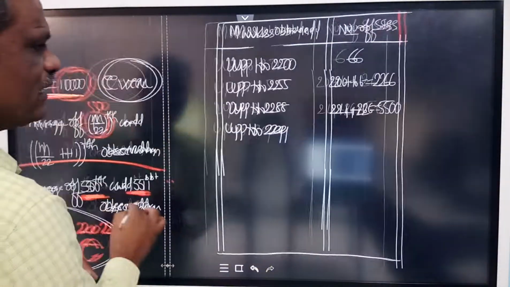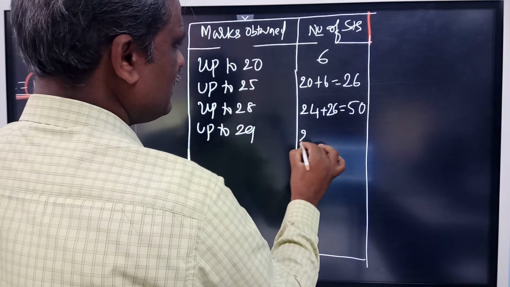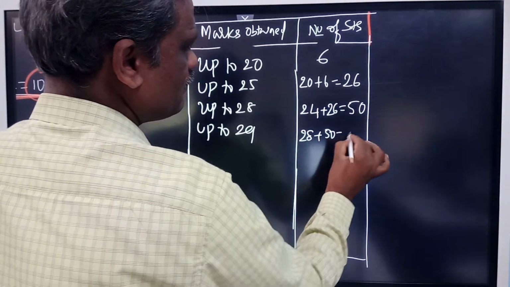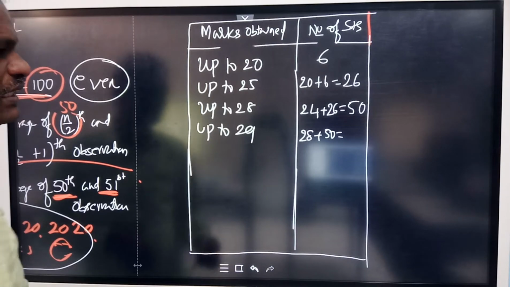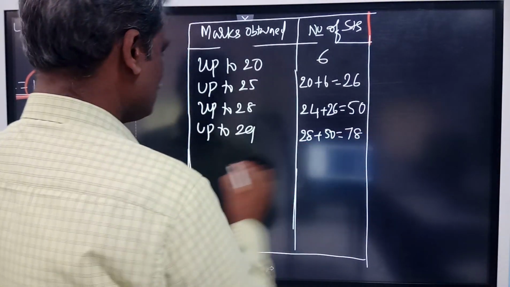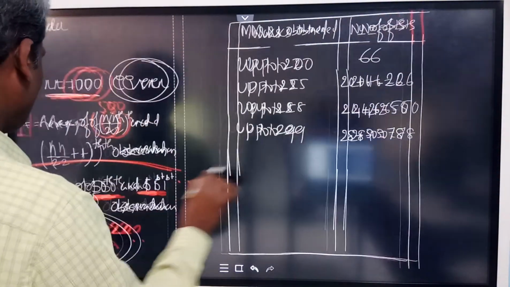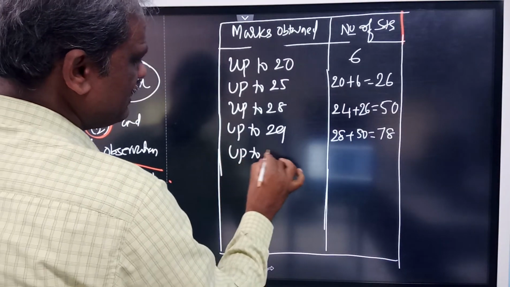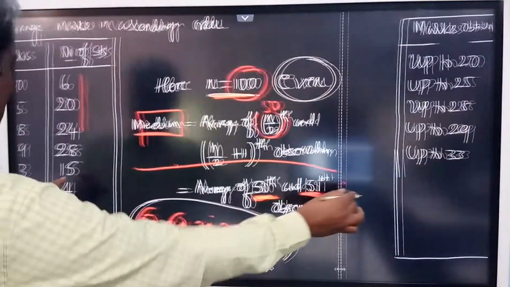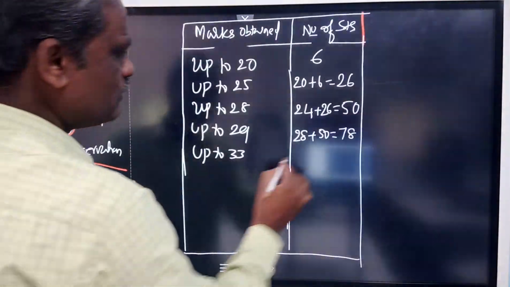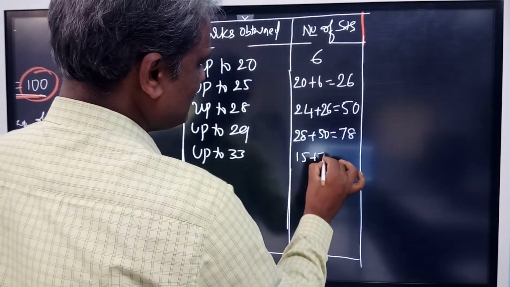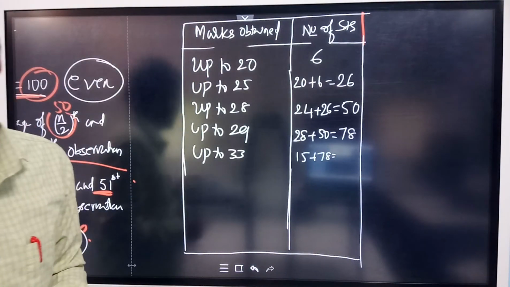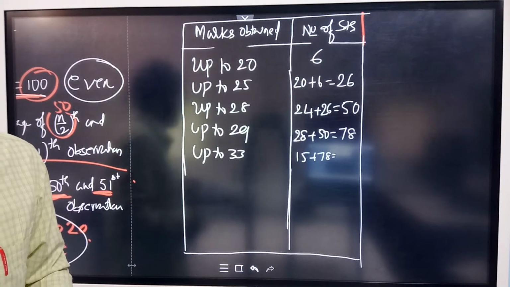Here 28 are there, so 28 plus 50 is 78. Then up to the next value, 33. For 33 the value is 15, so 15 plus 78. How much does it come to? 93.